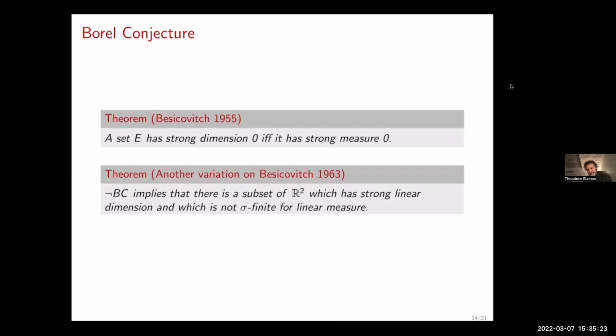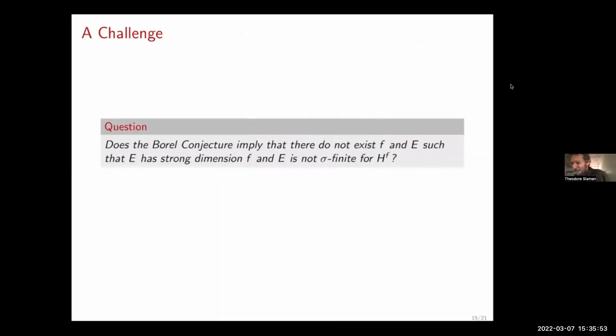So the natural question, which I'm afraid is still open, is whether the Borel conjecture is equivalent to saying that there is a set that has strong dimension but is not sigma finite for the measure associated with its dimension.